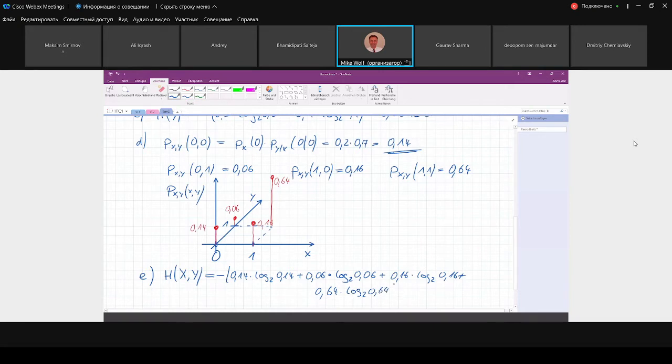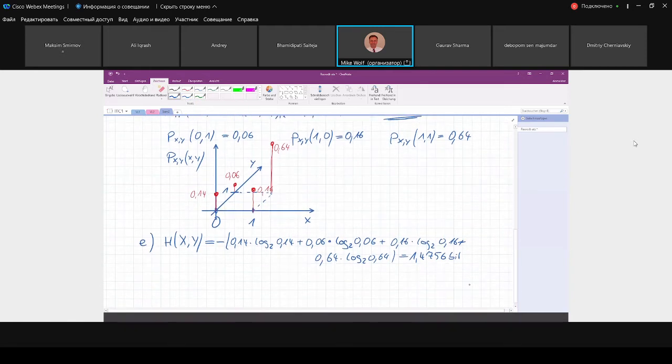It's quite nice because I can see the result here in the chat. I just checked if it's correct, and it seems to be correct. 1.4 is exactly the result. So 1.4, very good. If you want, write just bit per symbol. So this is part E.